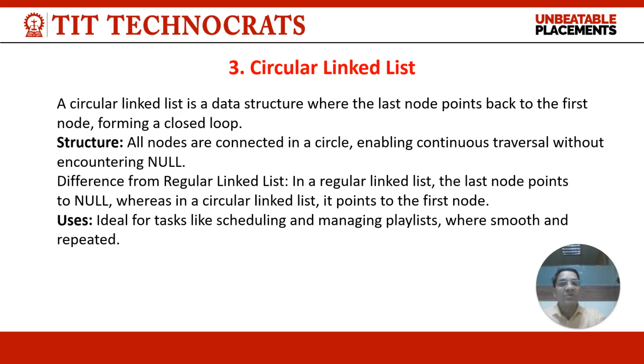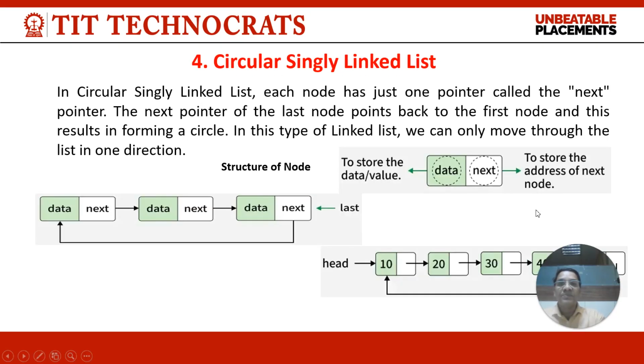Different from a regular linked list, in a regular linked list the last node points to null, but in a circular linked list it points to the first node. What are the different uses of this? Ideal for tasks like scheduling and managing playlists, where smooth and repeated traversal is needed.